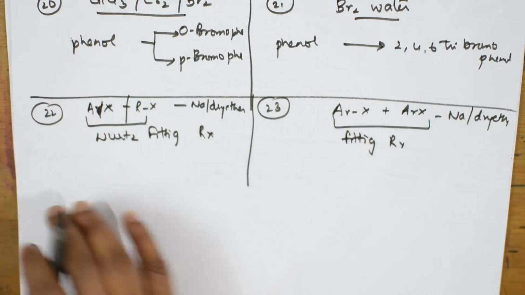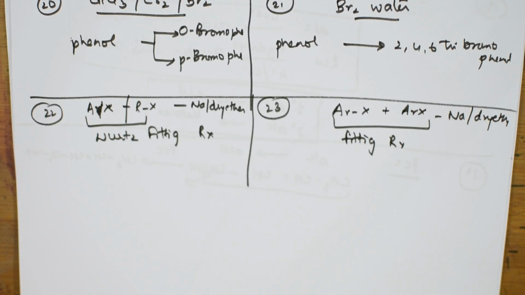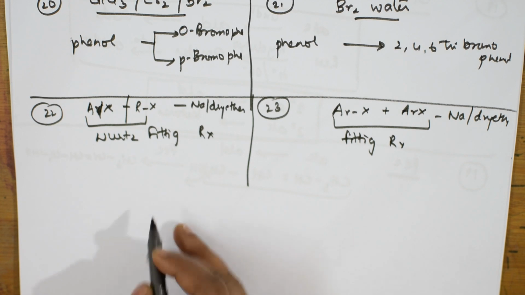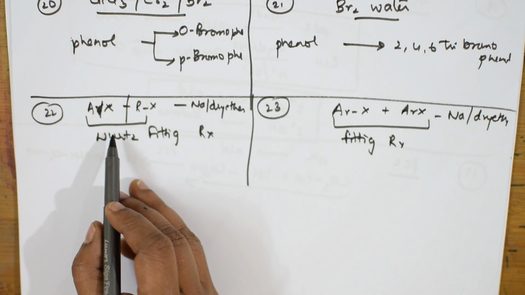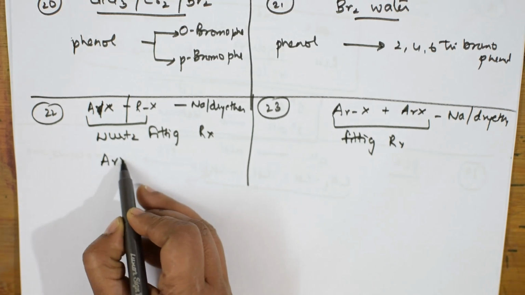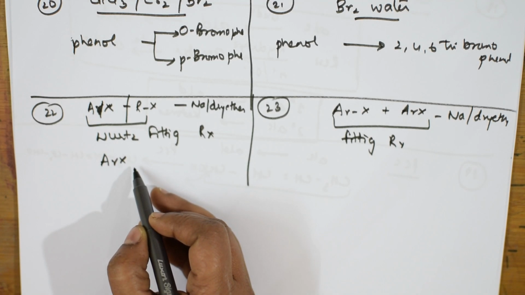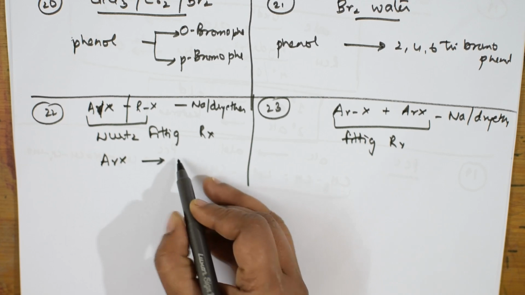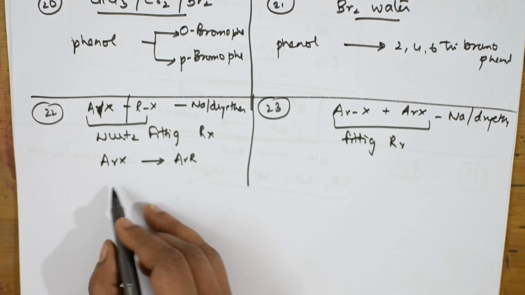Fittig reaction. But what is most important here, sodium and dry ether. I also did one video where I've explained the role of sodium and dry ether. So here, what happens? Aryl halide is getting converted, how does it look like this?